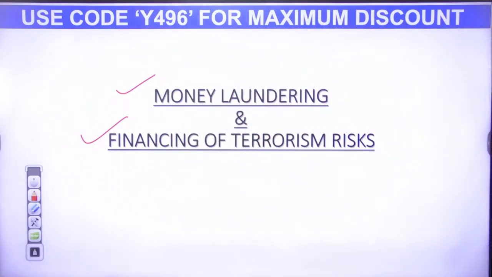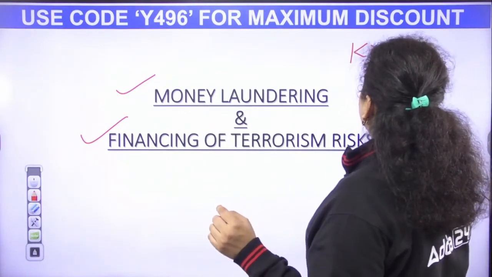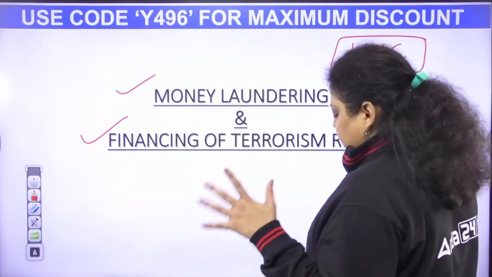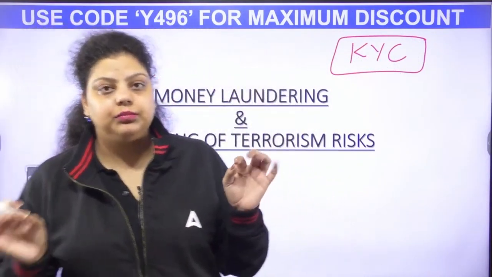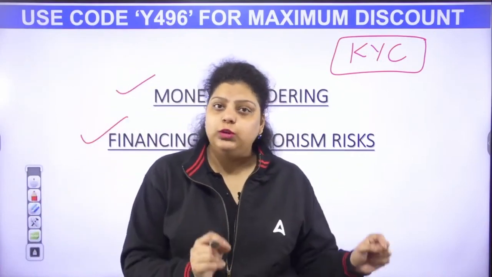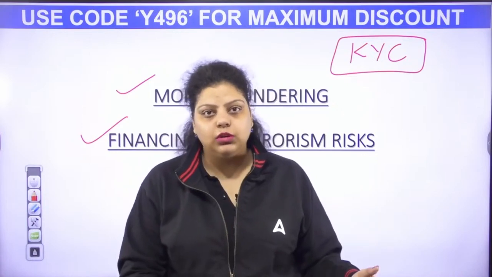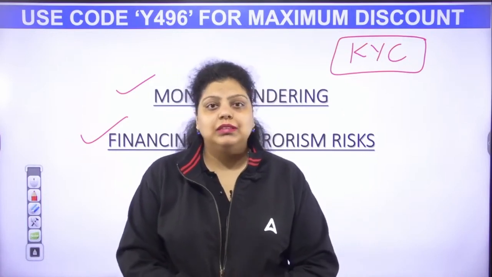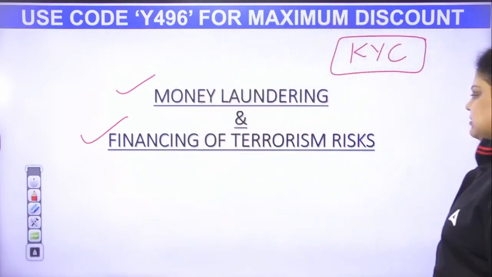At that point, you have to take the KYC from the customer, so that you will know whether the person you are making a legal contact with is creditworthy and ethical or not. You have to find out whether the person has done any kind of default or fraud in the banking system or any other financial system.